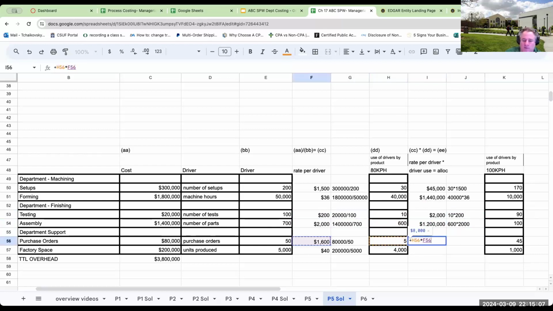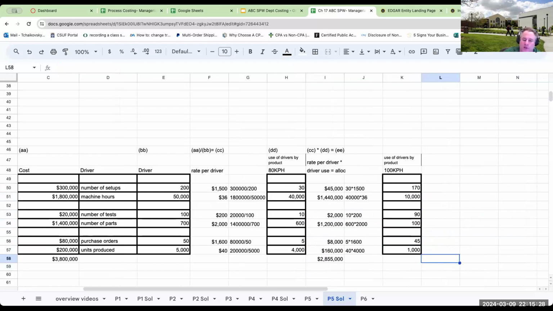Over here, I'm going to take 5 times 1,600. And then over here, I'm going to take 40 times 4,000. When I add all of these up, this is going to give me the total amount I'm going to be allocating to 80 kph.